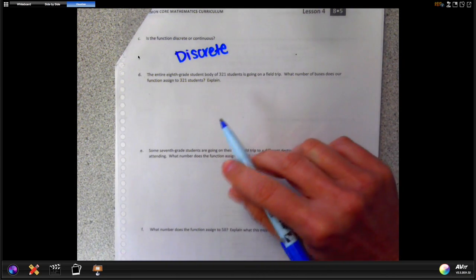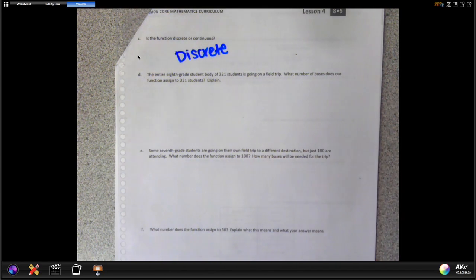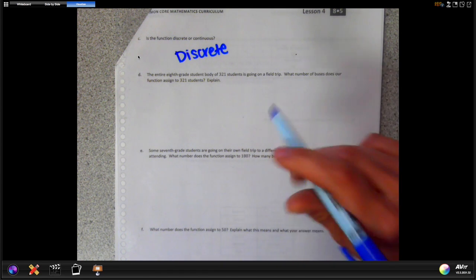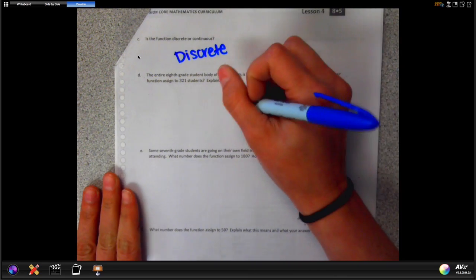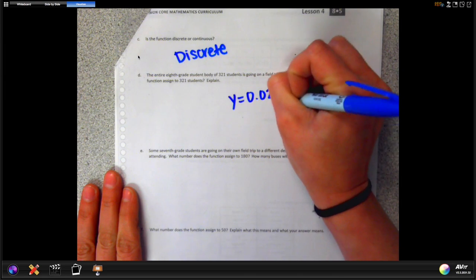The entire 8th grade student body of 321 students is going on a field trip. What number of buses does our function assign to 321 students? This was our function, y equals 0.28x.